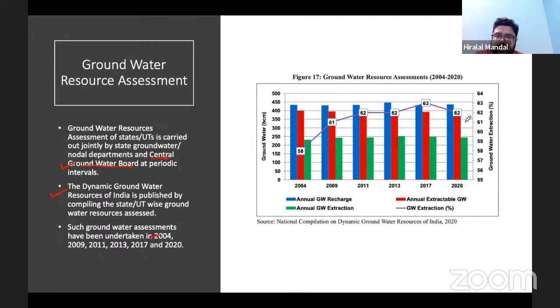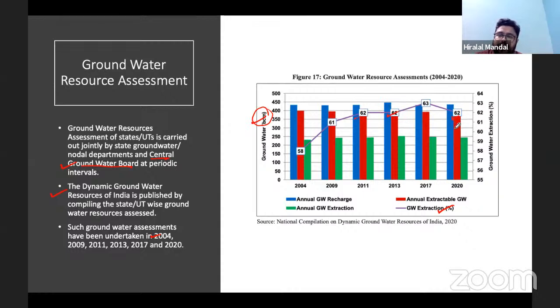If you look at the groundwater assessment, the BCM figure is talking about groundwater extraction. So 62% groundwater extraction is done in the year 2020, which is close to 2013 and also 2010, 11.